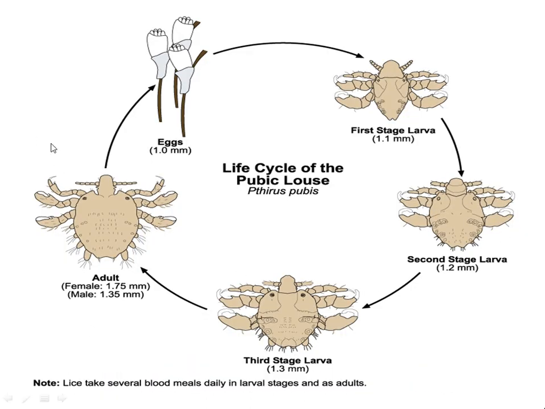So this is the brief life cycle of the pubic louse. Here you can see they lay their eggs at the base of the hairs, called nits, N-I-T-S.